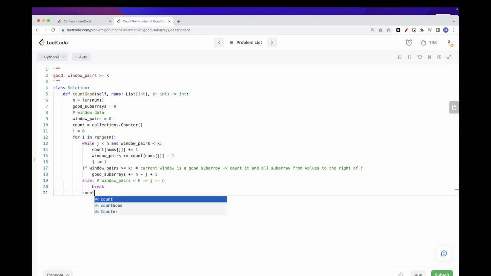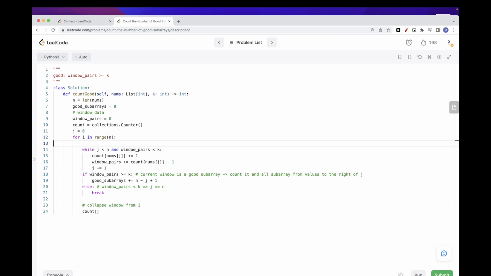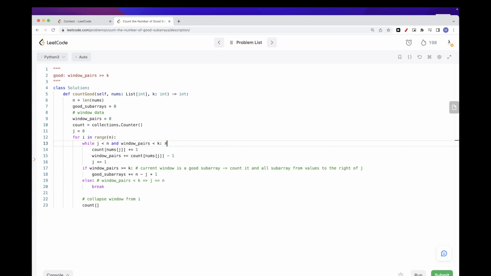And now here we want to collapse. So this would be collapse window, which means moving I to the right. And this portion here is expand window. Okay. And so here we subtract 1 from the count of I, sorry, because we are collapsing at I, so we are moving I to the right.